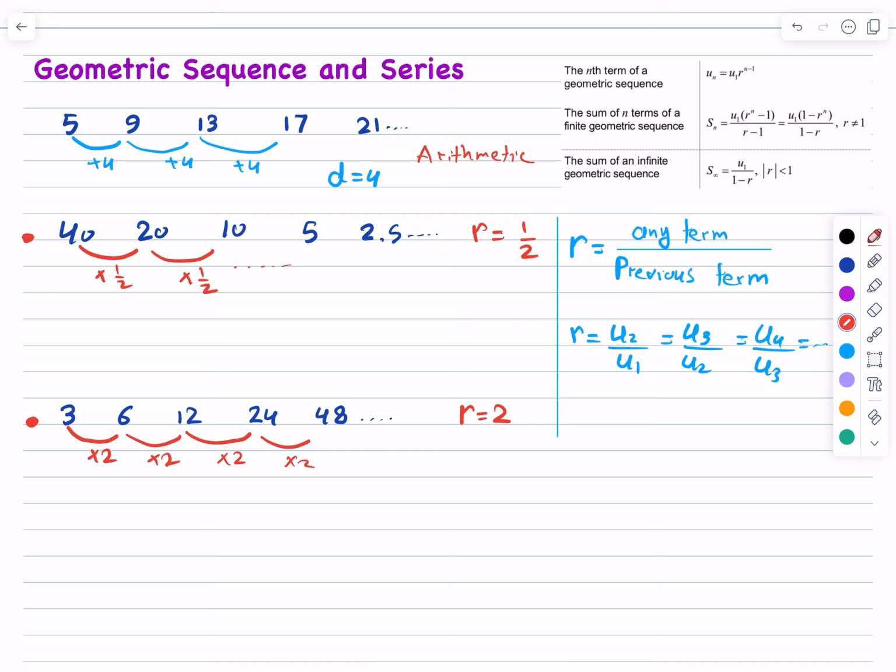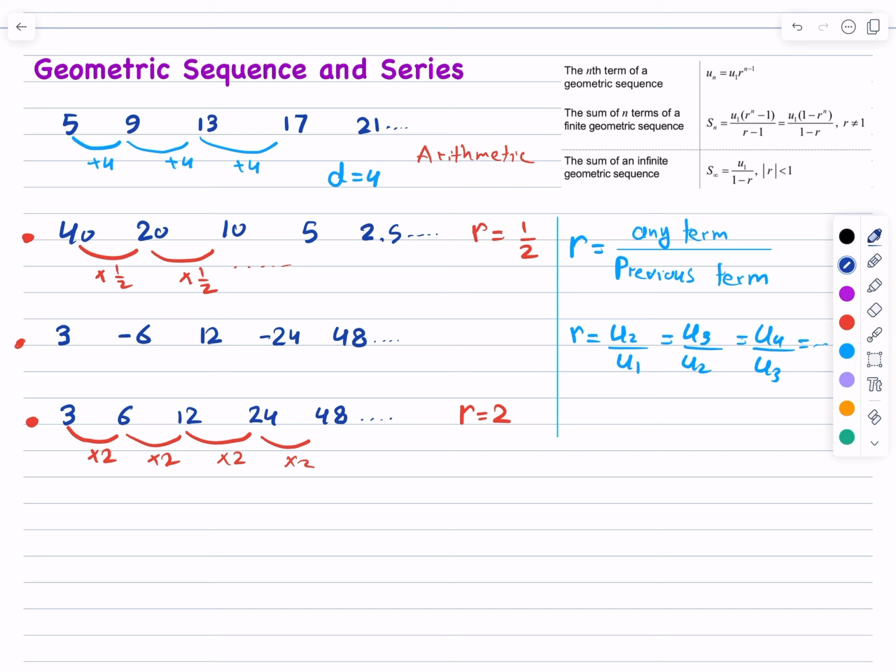Another important example about a geometric sequence would be this. Let's start with 3, then negative 6, then we have positive 12, negative 24, 48, and so on. Here, as we see, we also have a geometric sequence, but here it alternates between positive, negative, and so on.